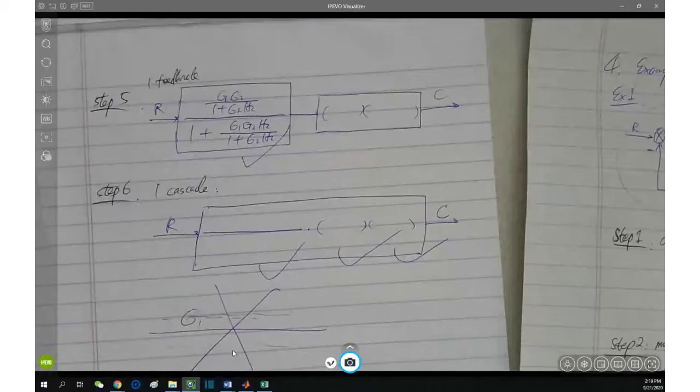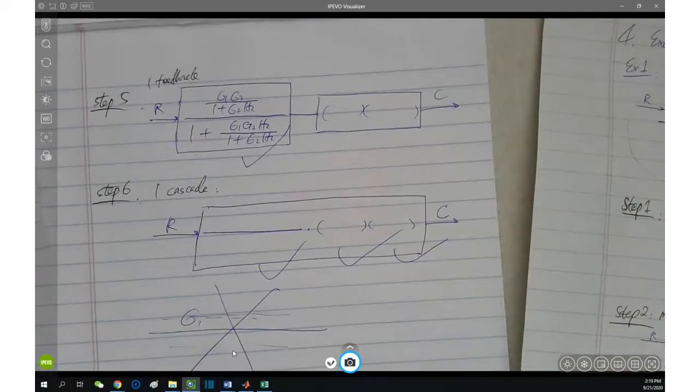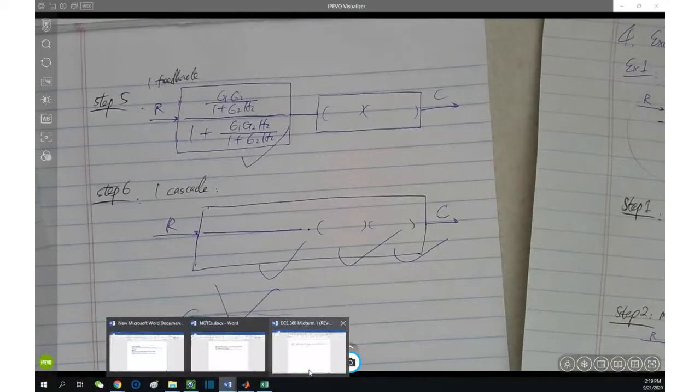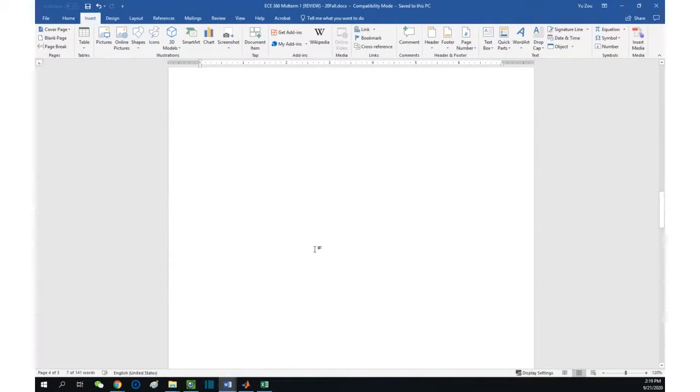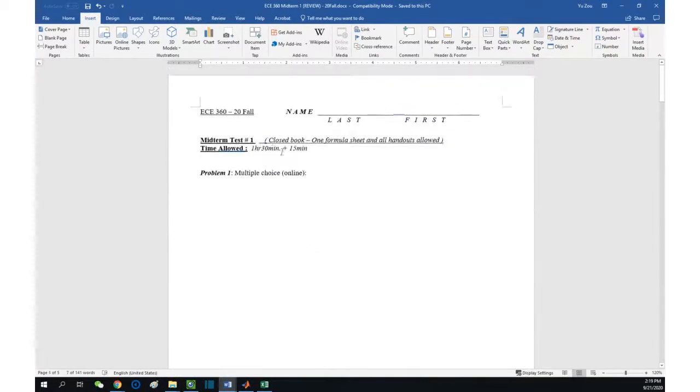All right. Thank you. And these are the 5 problems. It's a closed book exam, but 1 formula sheet is allowed. A student asks whether they can print the Laplace transform equations and theory. The instructor says the formula sheet and all the handouts are allowed.